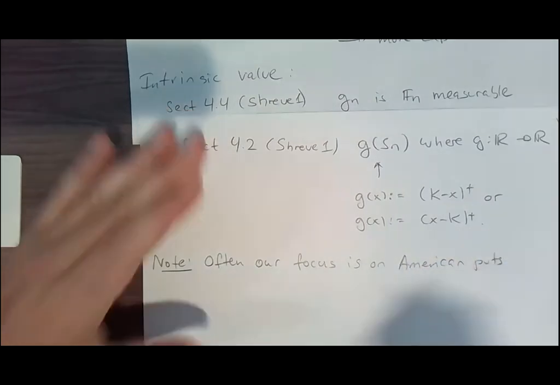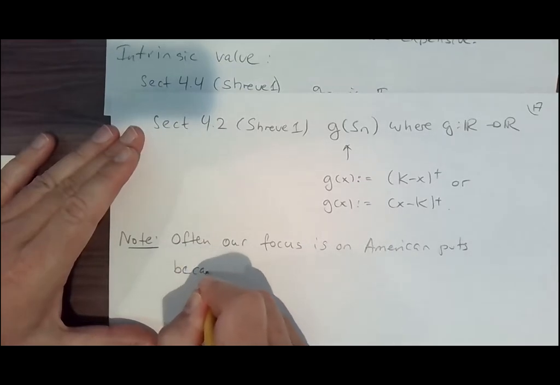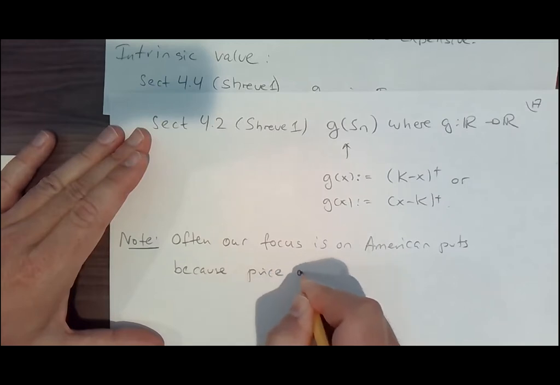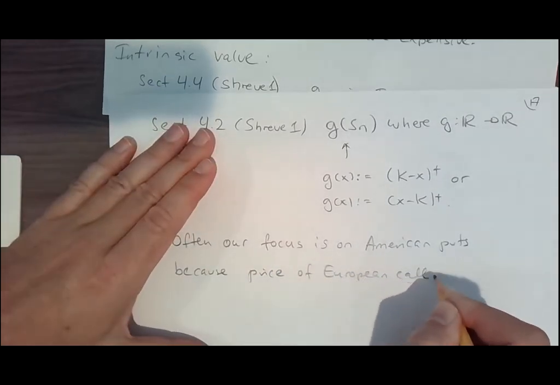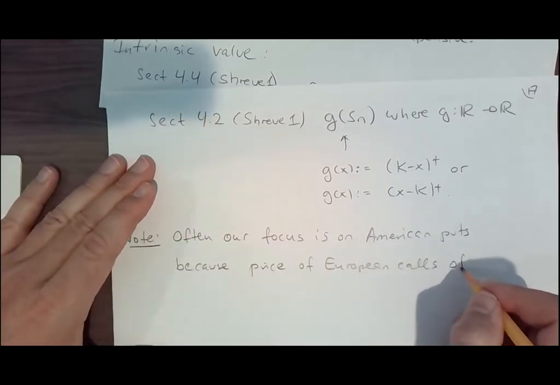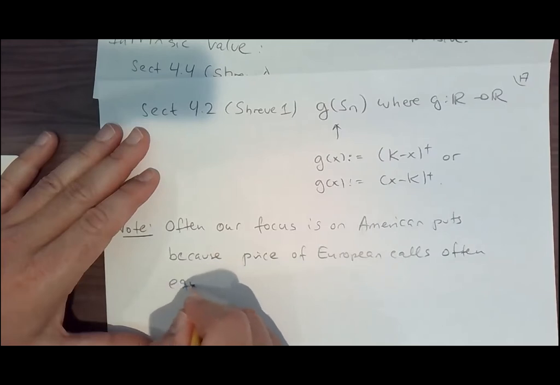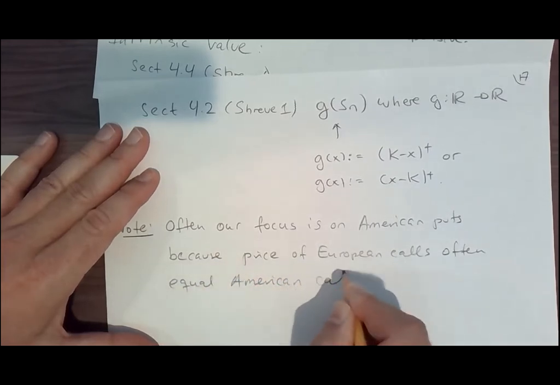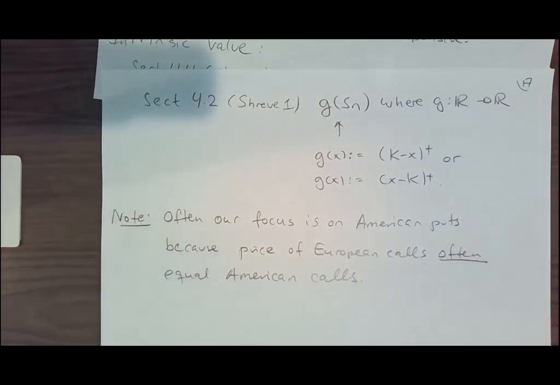On American puts, this is often the case, and this is because the price of European calls often, not always, but often equals American. So the word often here requires some sort of quantification.